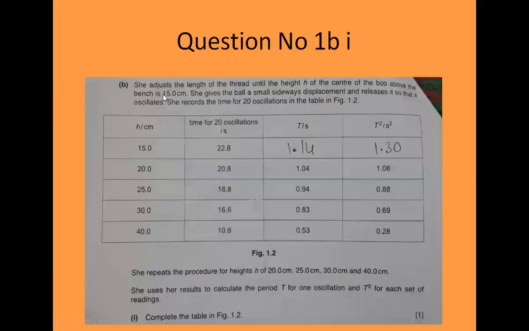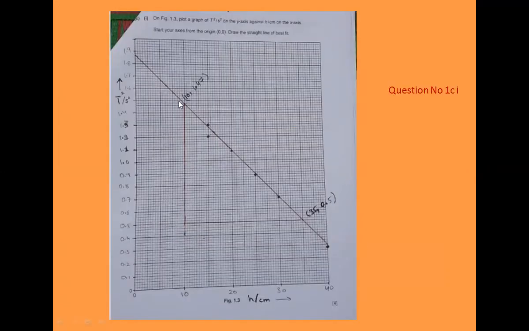Then I plot the table values: 15 with 1.30, 20 with 1.08, 25 with 0.88, 30 with 0.69, and 40 with 0.28. So I have plotted those points here.